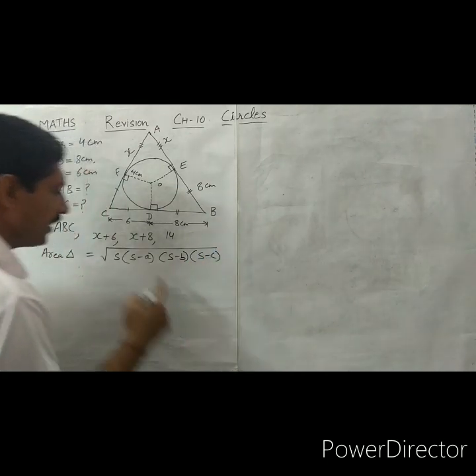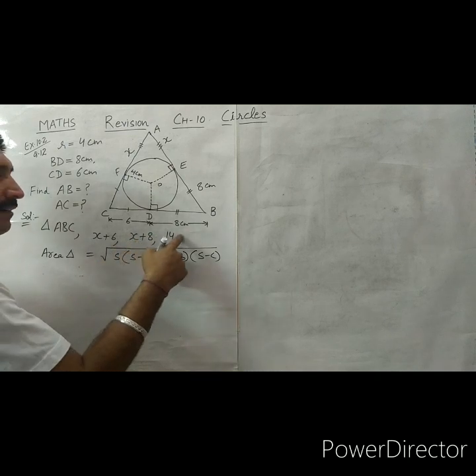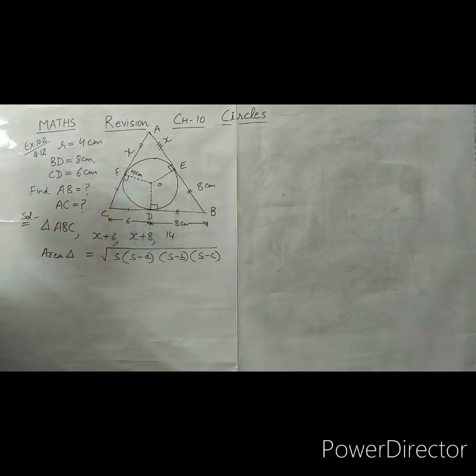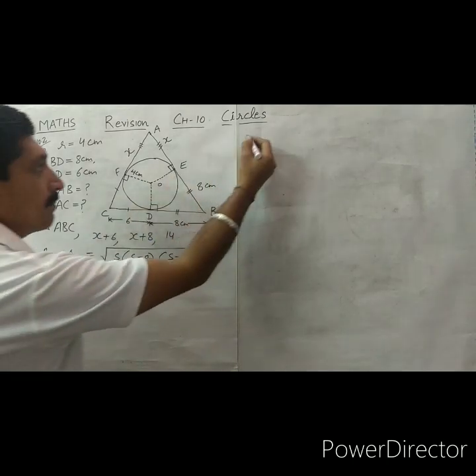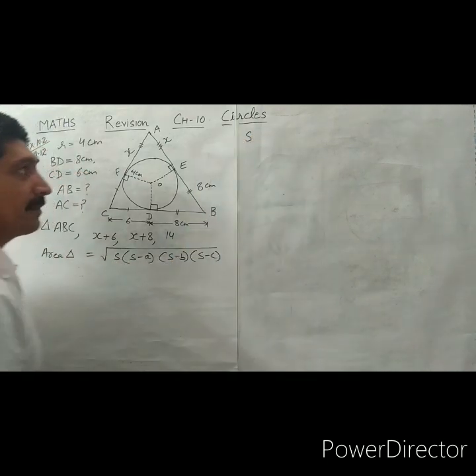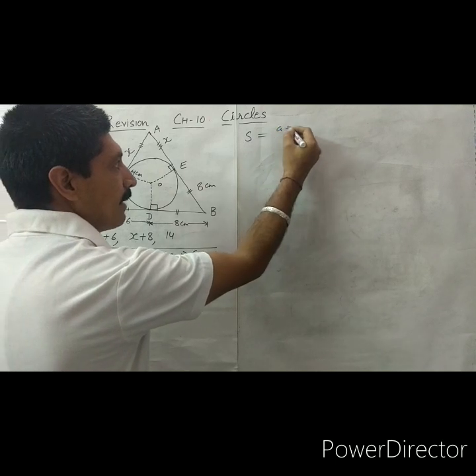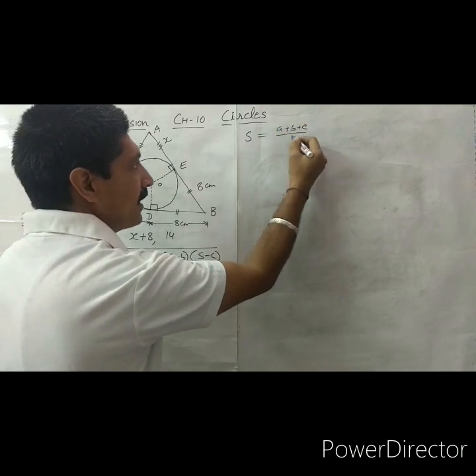Here A is x plus 6, B is x plus 8 and C is 14. So what is S here? S is the semi-perimeter, as we have studied in grade 9, (A plus B plus C) divided by 2.